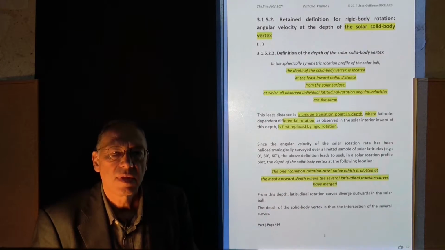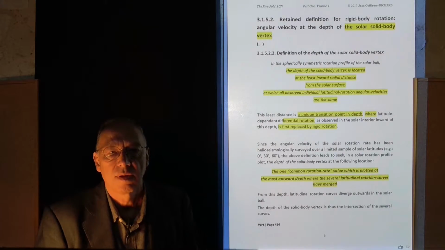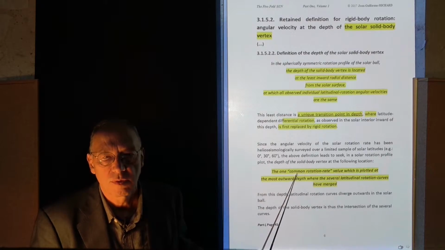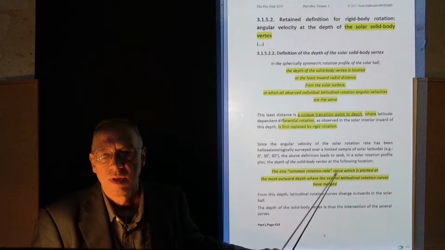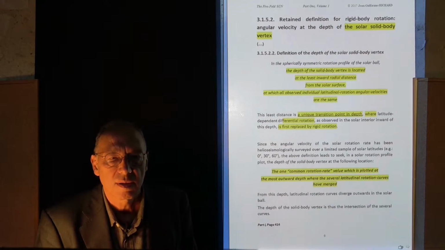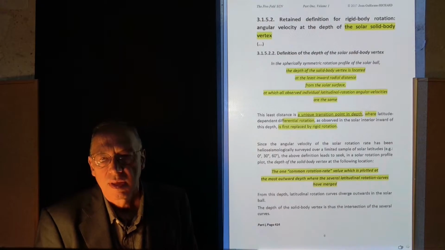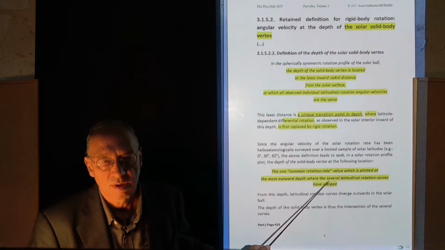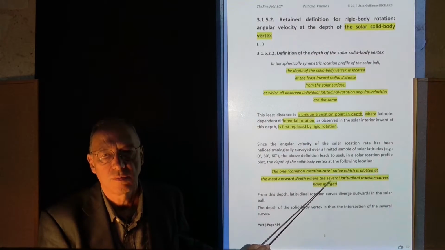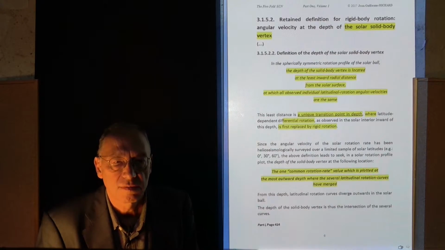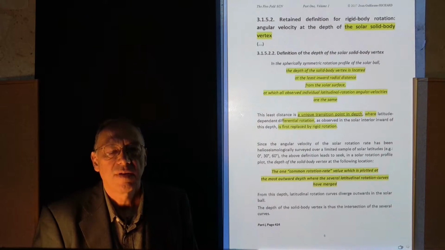And the rigid body rotation that can be defined from the location of this depth is the one common rotation rate value which is inferred by helioseismology at the most outward depth, now looking from the center of the Sun outwards, where the several latitudinal rotation curves in fact merge.